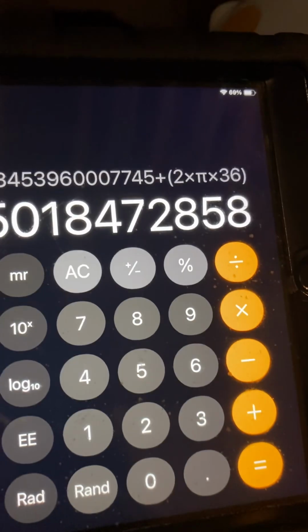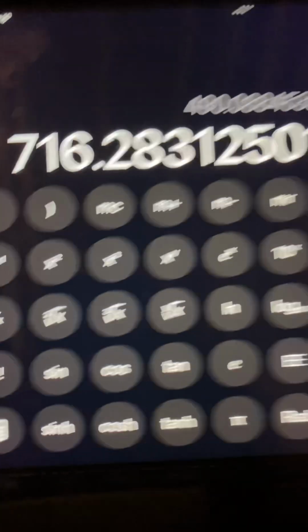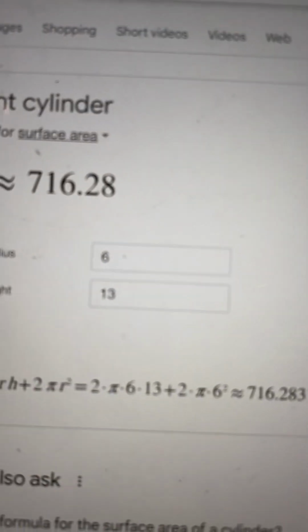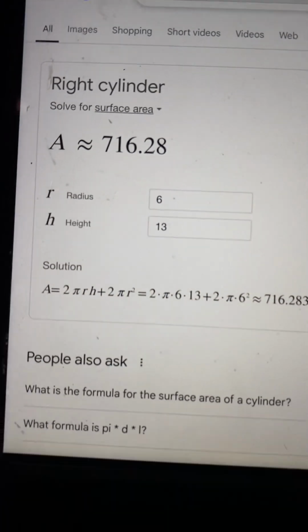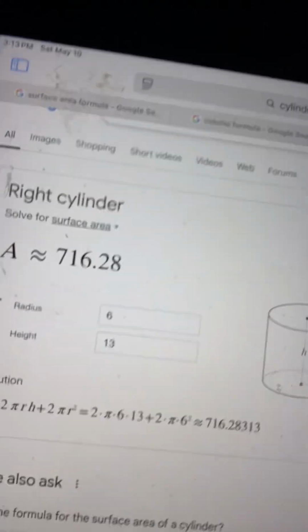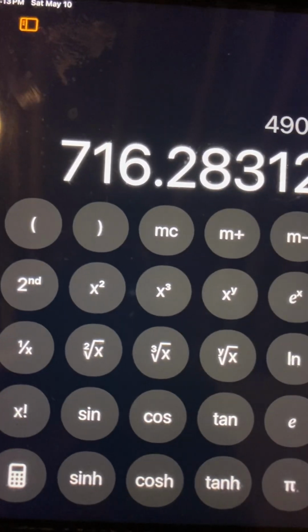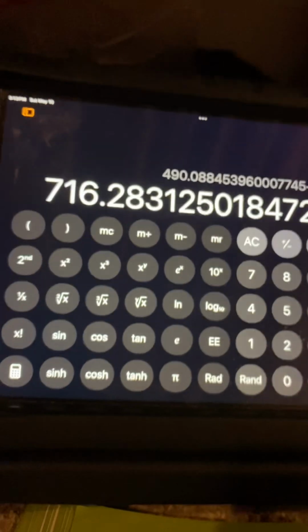That'll be the wrong order. So if we did this completely correctly, which I think I did, 716.28, let's double check. And it's exactly the same answer, 716.28. So yes, the math is true because we just calculated it using our handy-dandy calculator.